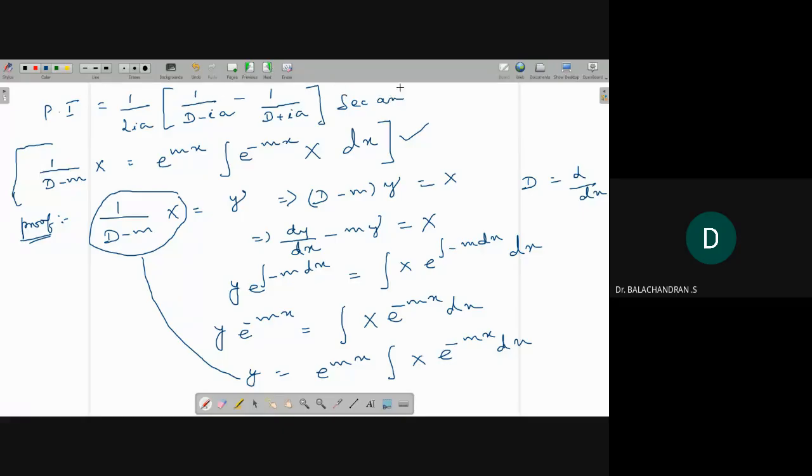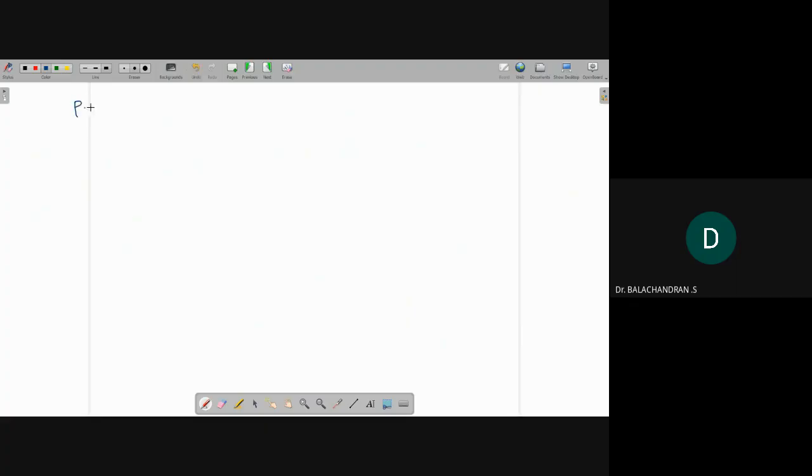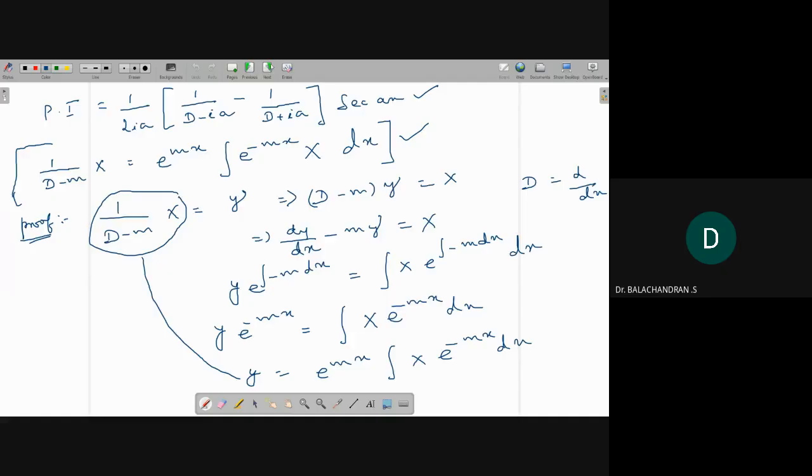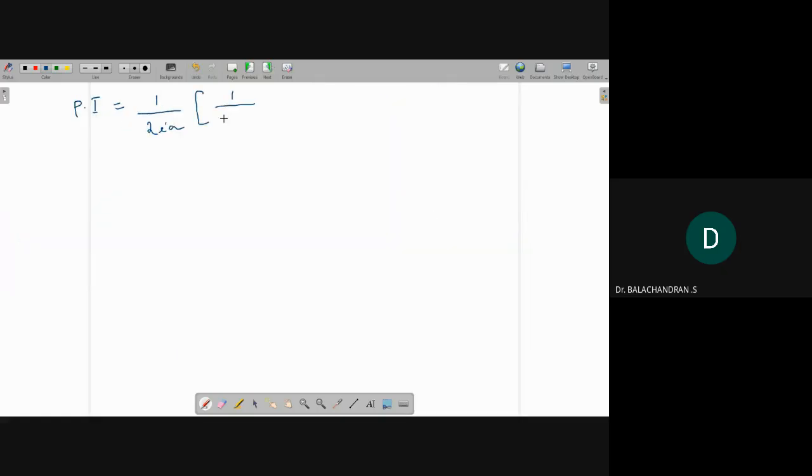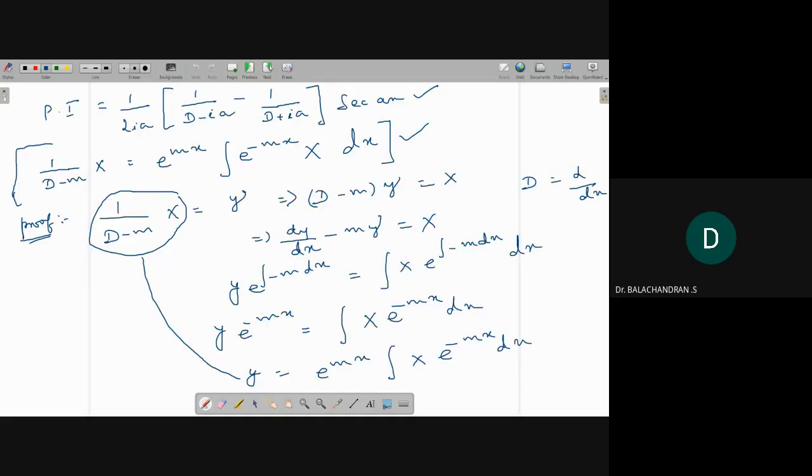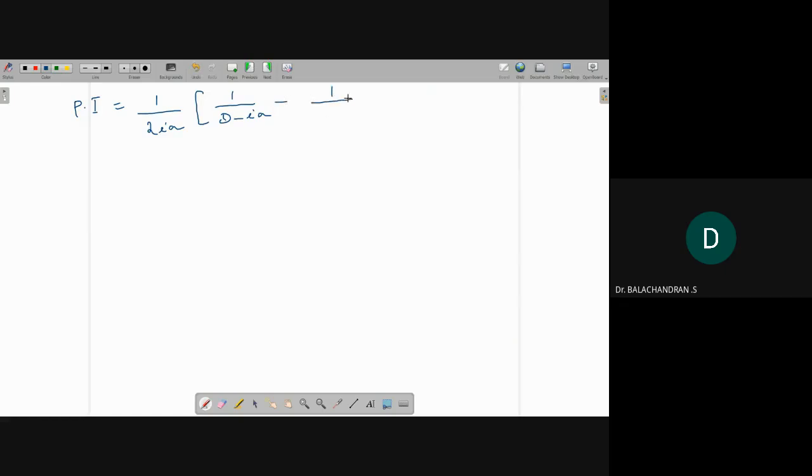Okay, and then I'm going to write this equation in the next line, next page. So pi equal to 1 by 2ia into 1 by d minus ia minus 1 by d plus ia into secant ax.